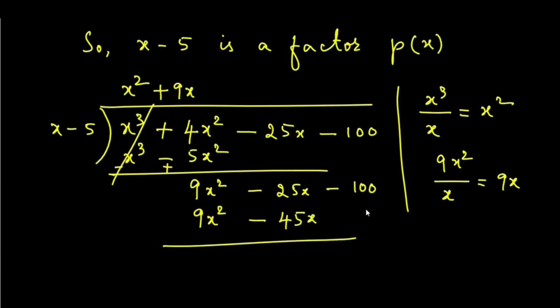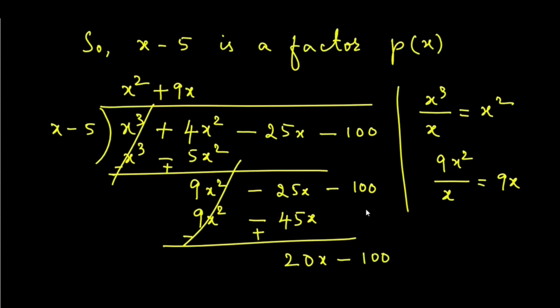We have to subtract this to change the signs of the terms. This is minus, here it is plus. These get cancelled. Minus 25x plus 45x is 20x minus 100.